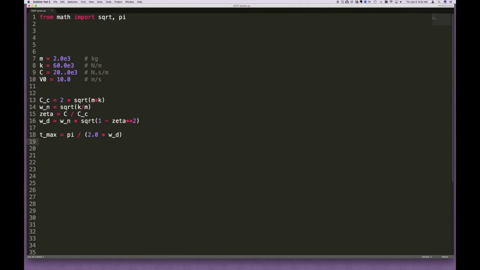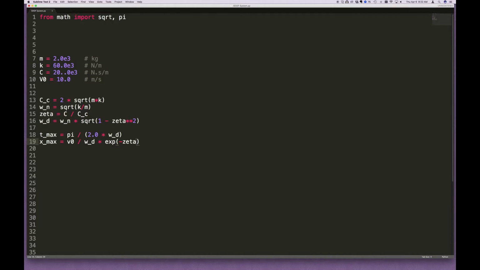Okay, that's pretty easy. And then x max is equal to v0 divided by omega d times exponential minus zeta times omega n.